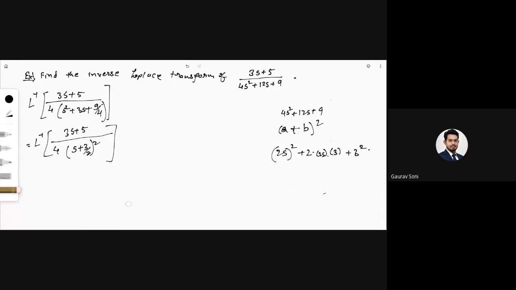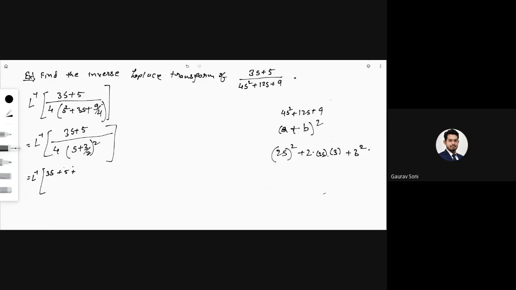So now in the numerator, I'll write it down as Laplace inverse of 3s plus 5, plus 3 by 2.